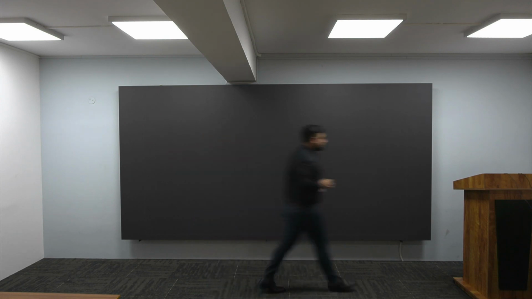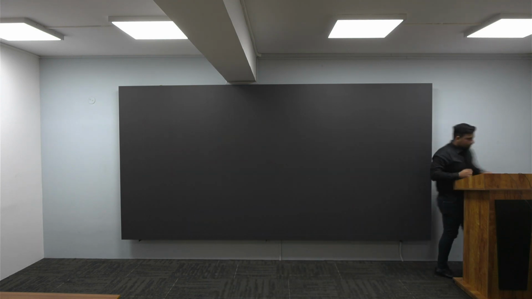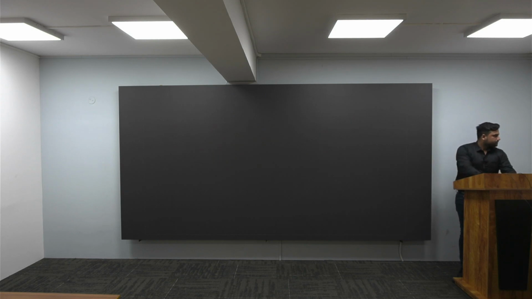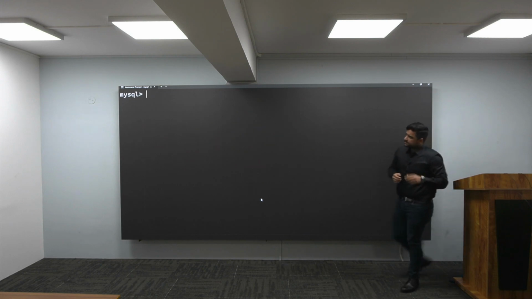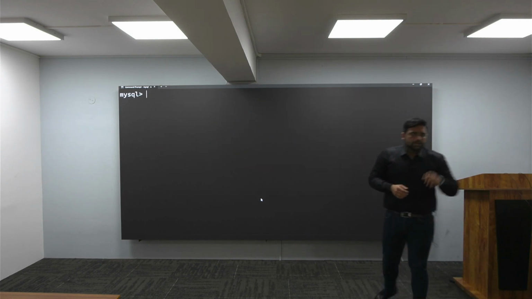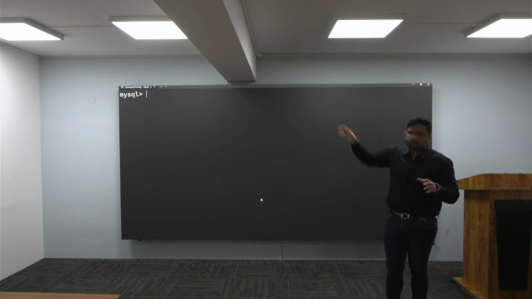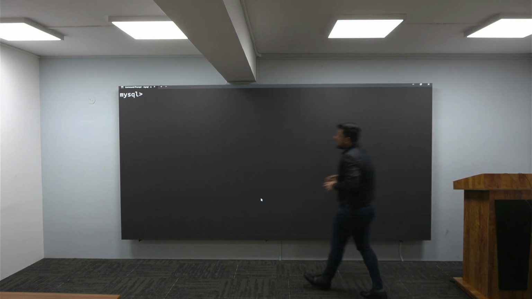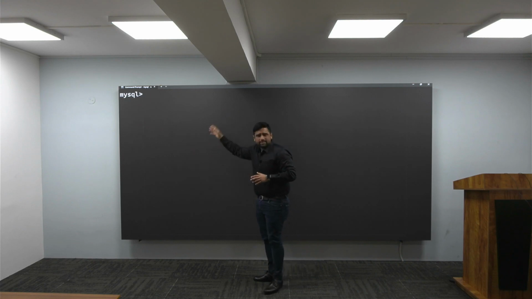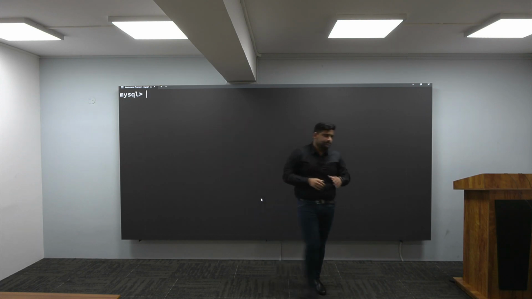Now please focus here. How many tables did we create yesterday? 1. Now I have opened my MySQL command prompt. Over here, I want to work on the database that we have created. How to work on that particular database?